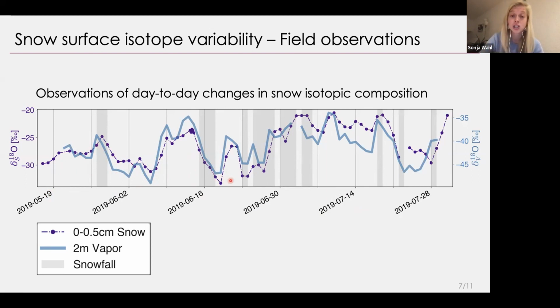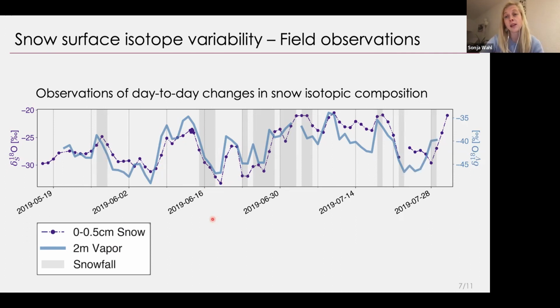And this does not only change during times of snowfall, but also in between snowfall events. And we also measured the vapor isotopic composition that you can see in blue. And you see that these two parameters co-vary quite a bit. And this is, of course, hinting that there's an exchange going on between vapor and snow surface.